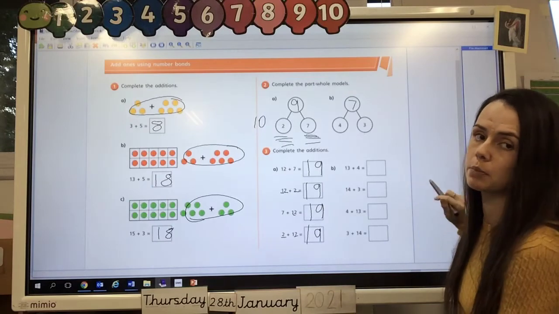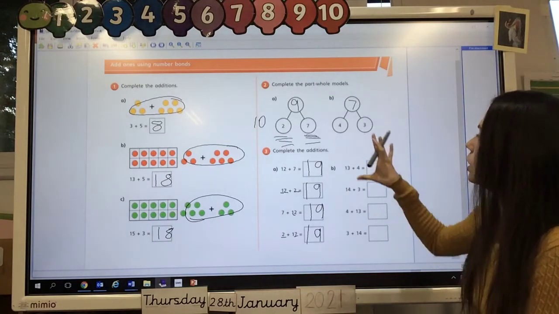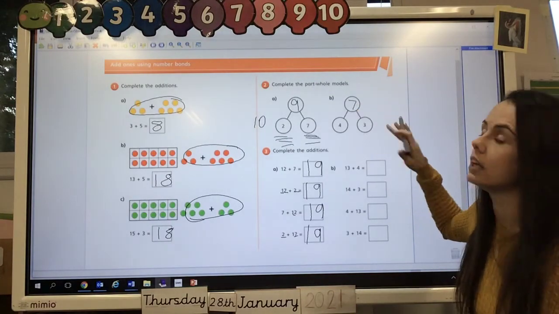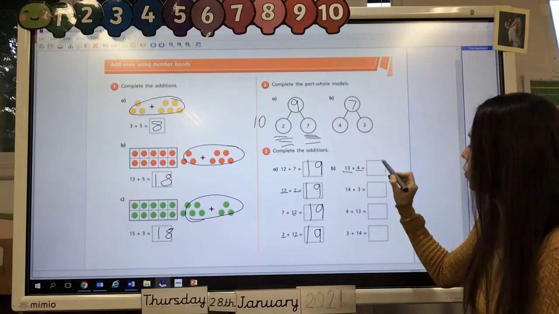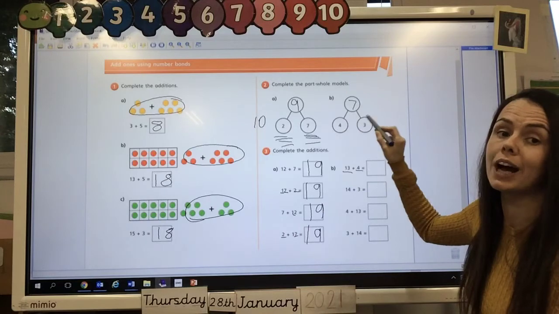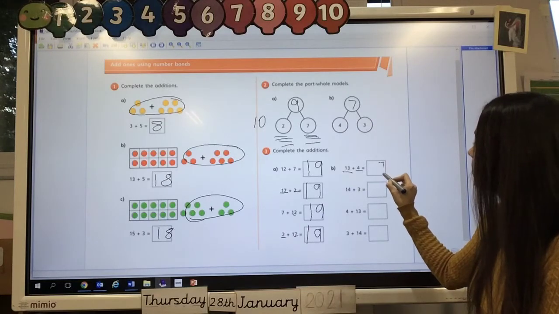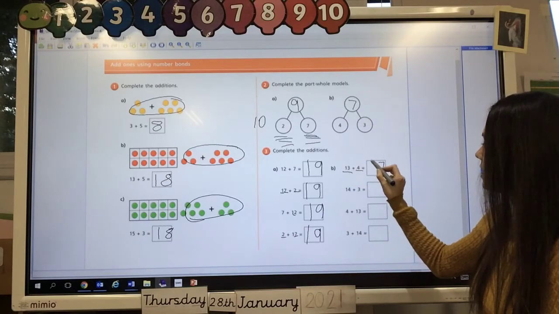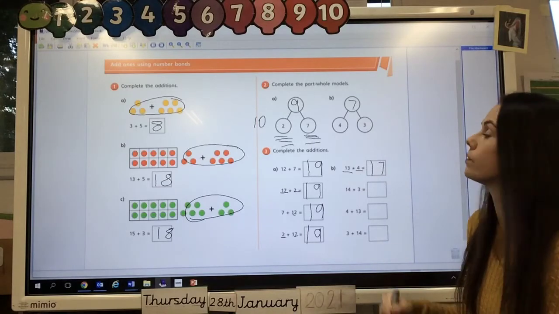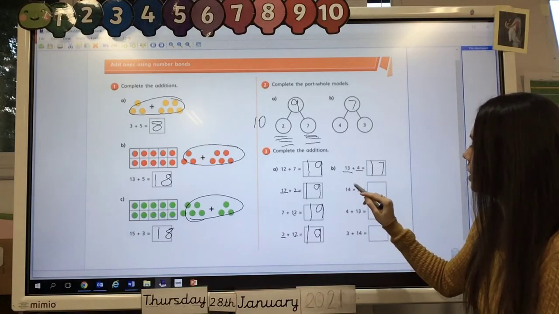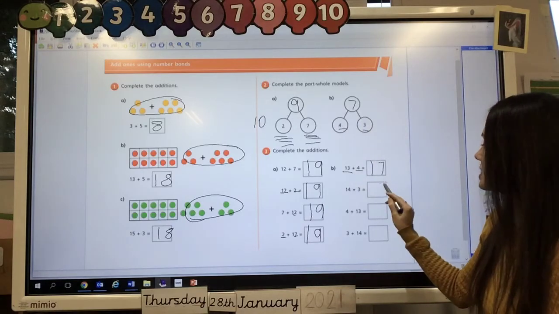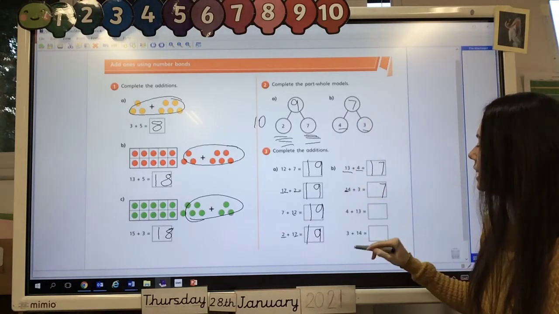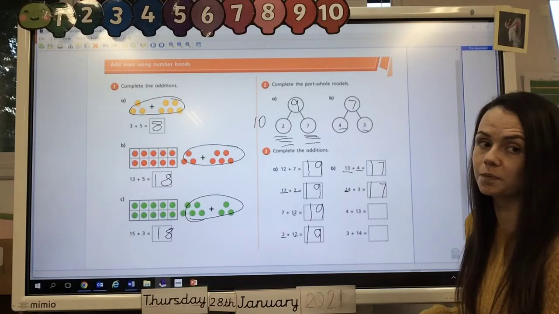Let's see if we can do the same over here. So we've got the numbers 4 and 3. So 13 add 4 equals. We know 4 add 3 makes 7, and we need to add on this 10. So that's 17. This one, 14 add 3. So 4 add 3 makes 7, and then we've got this 10 here, 17.